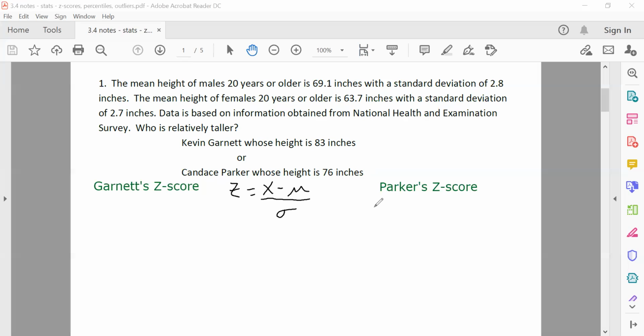So Kevin Garnett is 83 inches tall, so that's the x value here. Subtract off the mean, which is 69.1 inches for men, divide by the standard deviation, which for men is 2.8 inches.